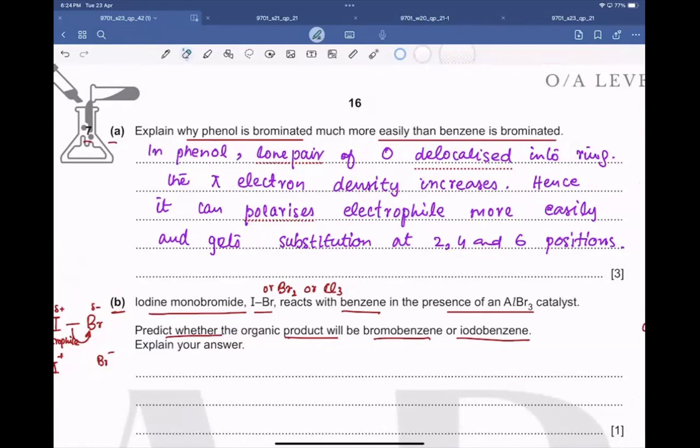As a result, the delocalized electrons are 8 instead of the 6 in benzene, which makes it more electron rich, so the pi electron charge density has increased. So it can easily polarize the electrophile.